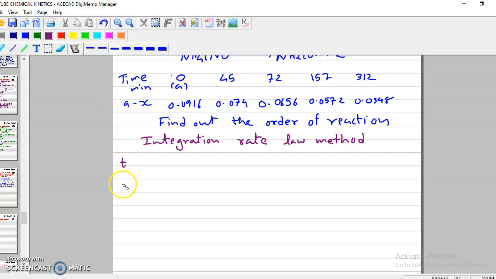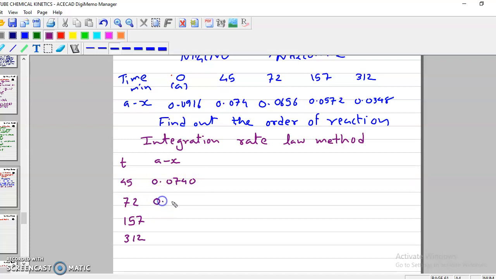Time, here it is given 45, then 72, then 157 and 312. And here a minus x is given. A minus x at 45 minutes is 0.0740.